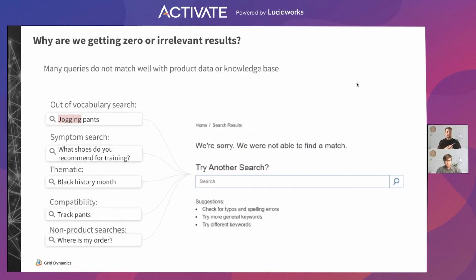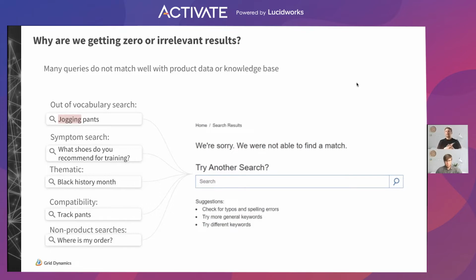Sometimes customers are inspired by a particular theme, and they are going to talk about Black History Month or some other kind of thematic, Madonna dress. And in this case, again, we often do not have this kind of data in our product catalog or knowledge base to satisfy those kinds of queries.